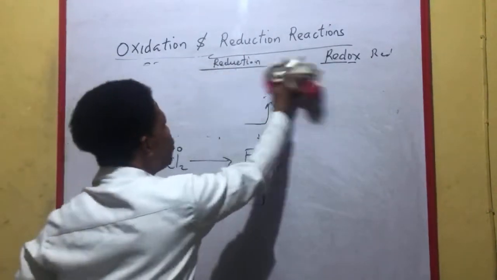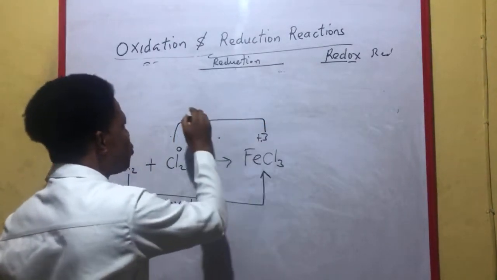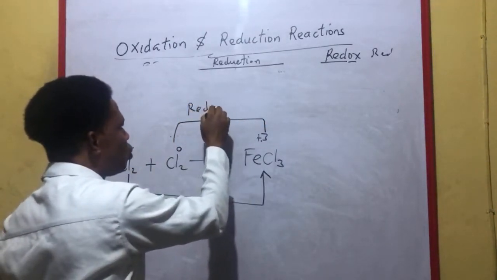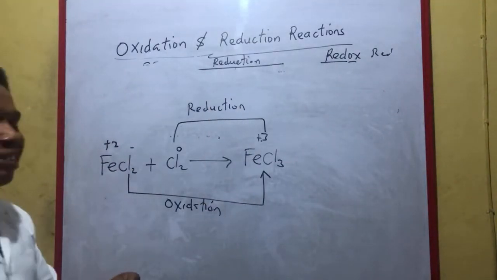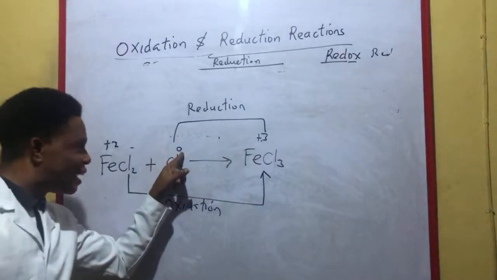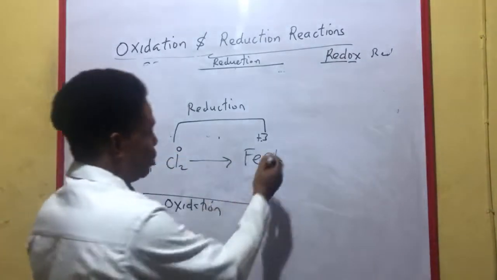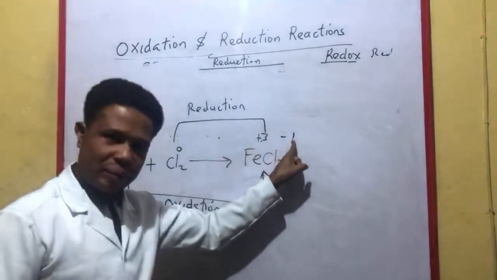Then chlorine is undergoing reduction. Why reduction? Because number one, we said reduction is a decrease in oxidation number. Chlorine is 0 here, but here is minus 1. So it's going from 0 to minus 1.